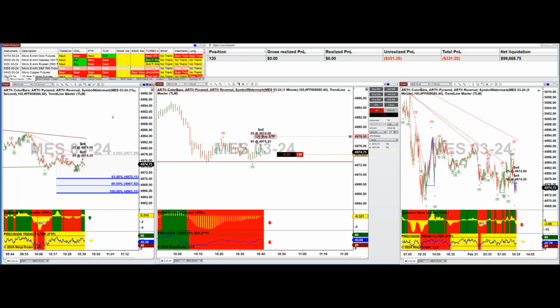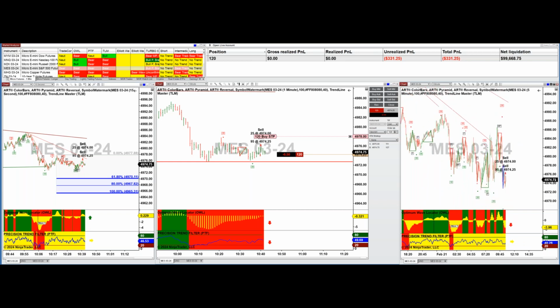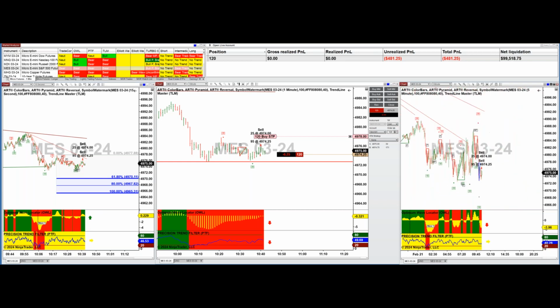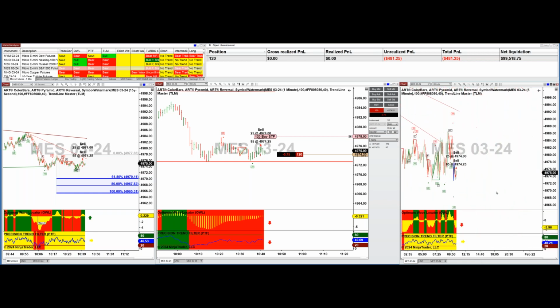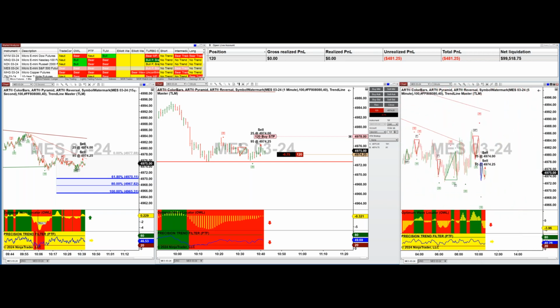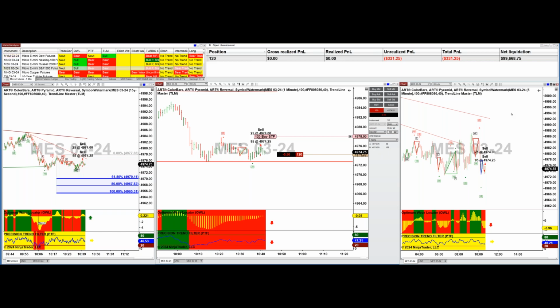And believe me, nobody really knows the outcome of how this is going to work. But we go with the probabilities. Now, when you test your own system, what you want to make sure you do is test it with a high enough sample size so you know something has a probability.